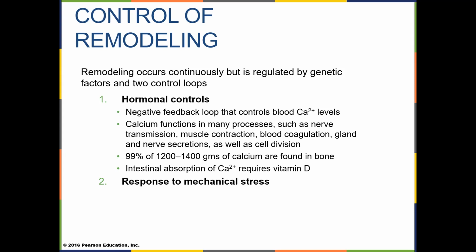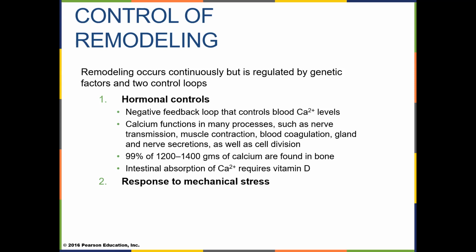Our bodies will not hesitate to go after the calcium in our bones to get what we need for nerve transmission, muscle contraction, coagulation of blood, for secreting hormones, and secreting other substances directed by our nerves. And we even use calcium in cell division. So we regulate our calcium levels in our bodies with calcitonin and parathyroid hormone.